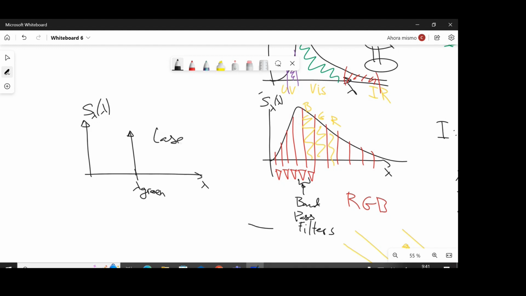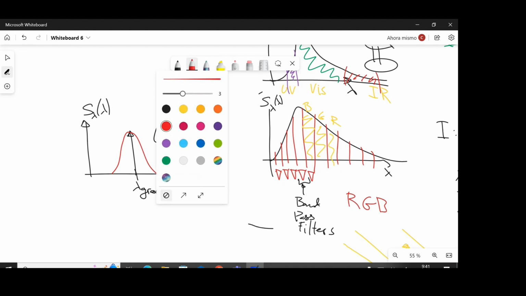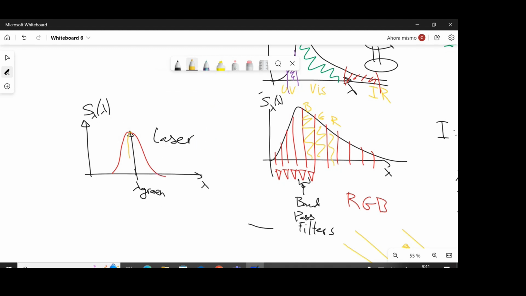Laser. This is a laser. And what is the difference between a LED and a laser? So this is actually the quality of this. So a LED is more like this. It is close to green. It tries to be green, but it is not extremely precise. And a laser is like this. A laser is really, really narrow.